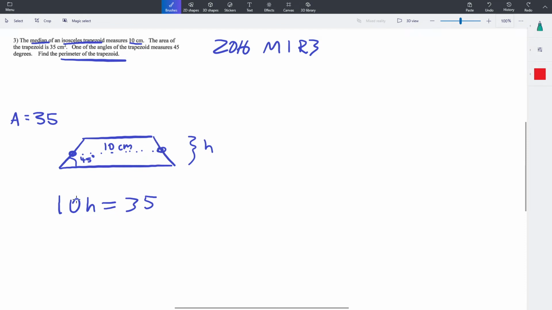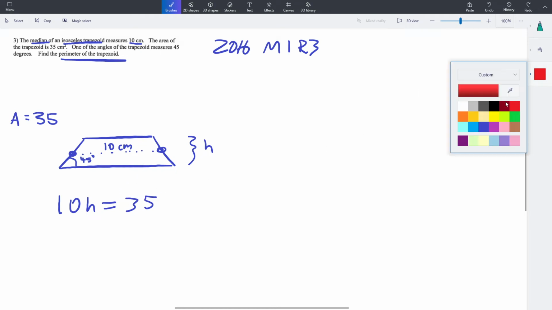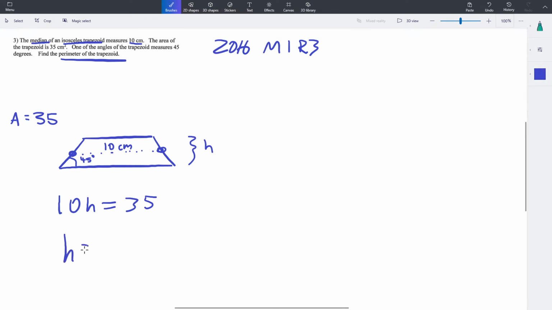So we can establish that 10 times the height equals 35, and we now know that the height is equal to 3.5 centimeters. So that was pretty easy, but you did have to know that property to actually get it done. However, once you use that property, the problem becomes much simpler.